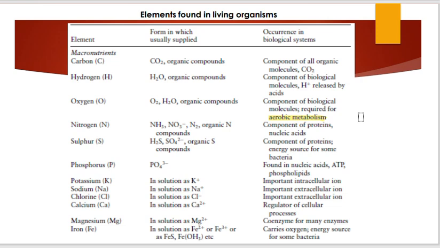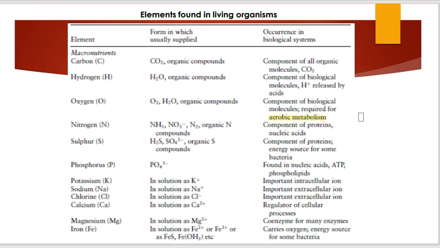So what else? We also have phosphorus that can be found in nucleic acid and in adenosine triphosphate, or ATP, which is the energy produced during your synthesis or cellular respiration. You also have potassium, that is important as an intracellular ion.